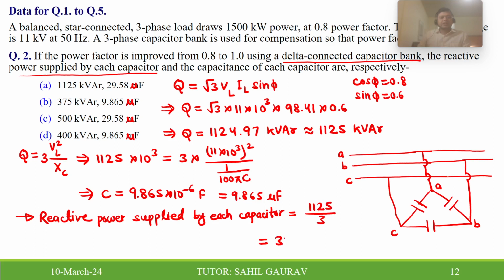So it becomes 375 kVAR. Therefore B is the correct answer: 375 kVAR and 9.865 microfarad.